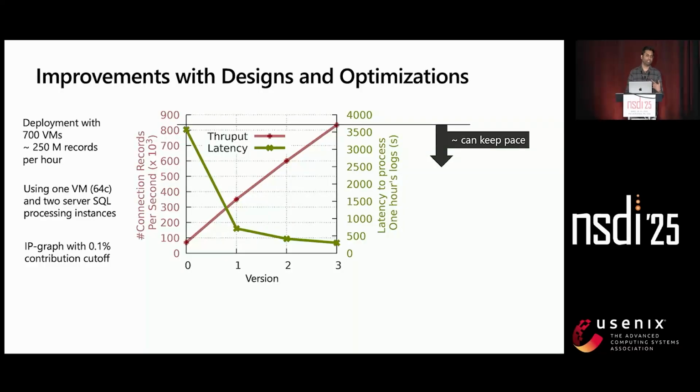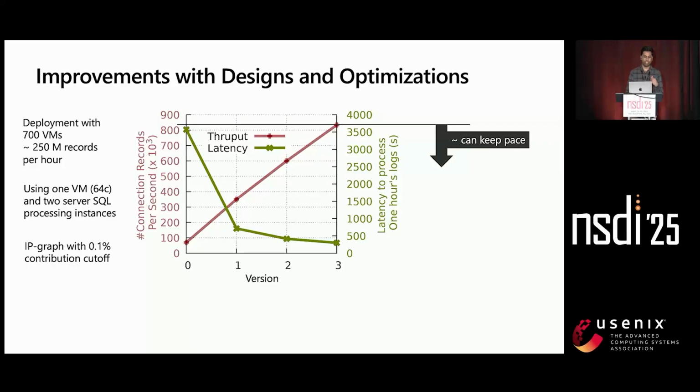We iterate over our system over several versions, and for an input data set from a real-world deployment detailed on the left, the red line in this graph tracks throughput in terms of the number of connection records processed per second, and the green line tracks latency in terms of the time to process an hour's worth of logs.